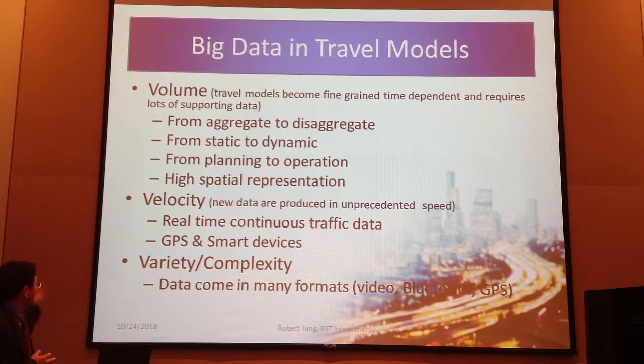And also GPS, smart devices, smartphones also track a lot of data, all travel behavior, and all this data builds up the volume of the database. Certainly all this data brings in some complexity, and comes in very different formats. How to interrelate the different data sources has become a challenge these days.